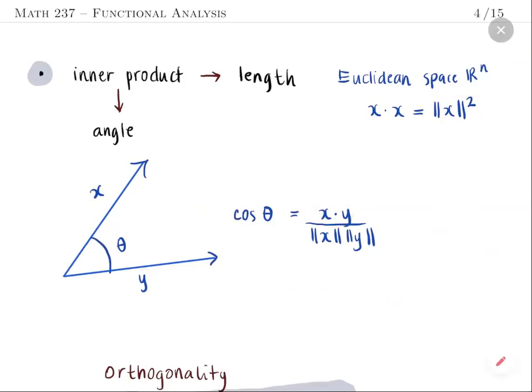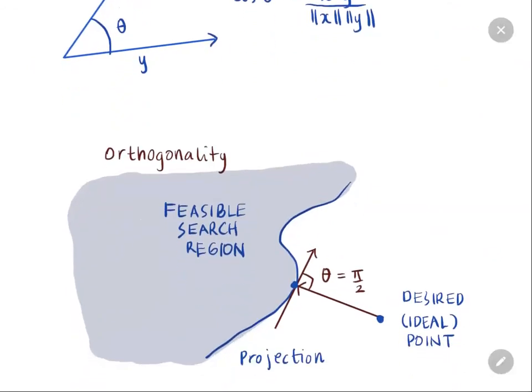So the concept of angles is very useful in the field of optimization or approximation. To state the problem, suppose we want to solve a certain problem, and the desired ideal solution to that problem is outside what we call a feasible search region.